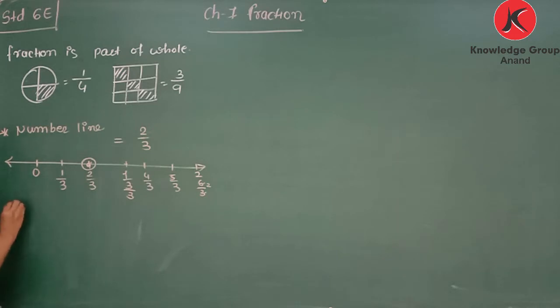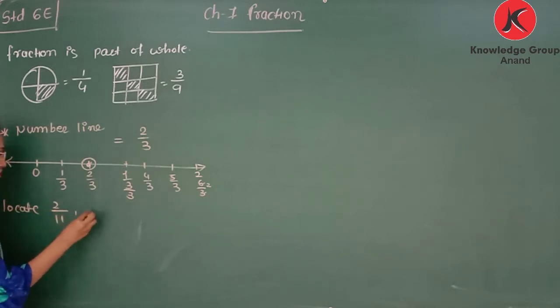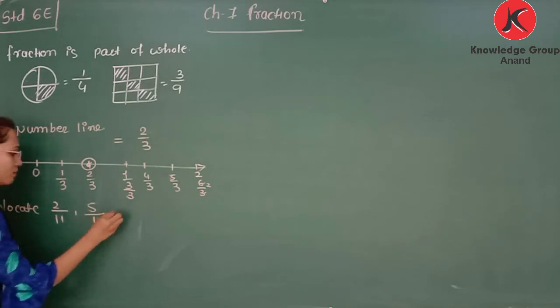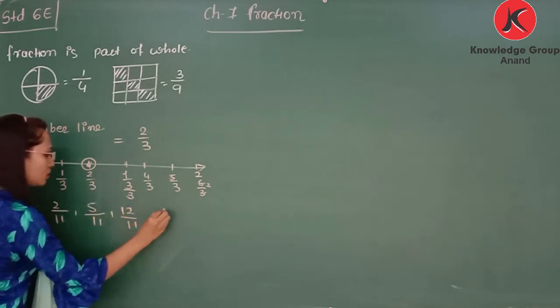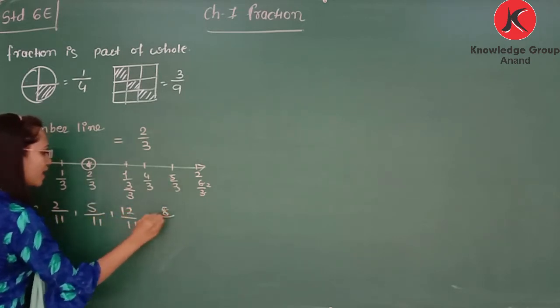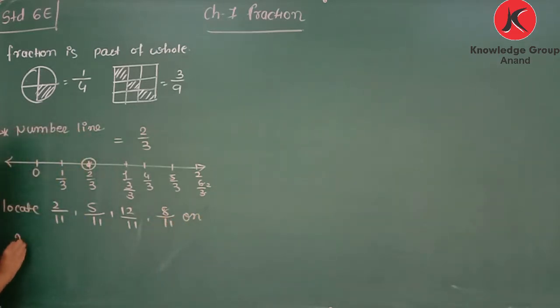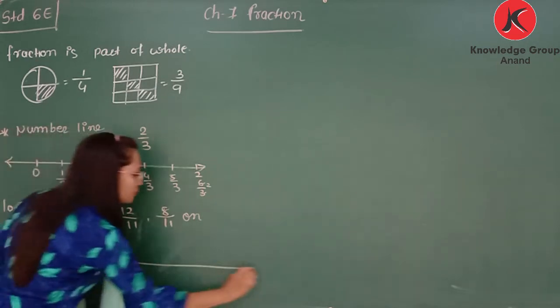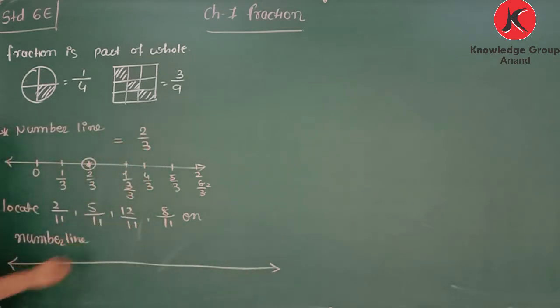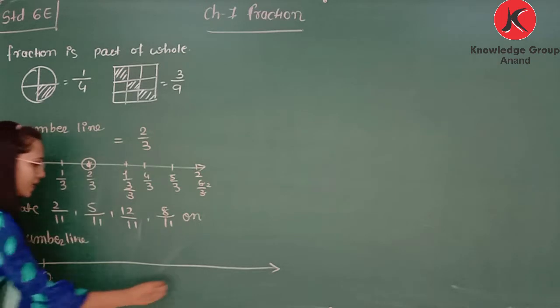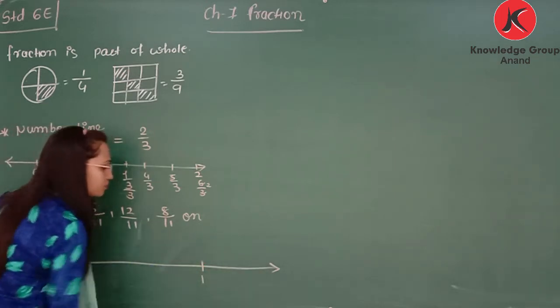Let's take one more example. Locate 2 by 11, 5 by 11, 12 by 11, 8 by 11 on the number line. So here we need to draw a number line. Denominator 11 means one part is divided into 11 equal parts.